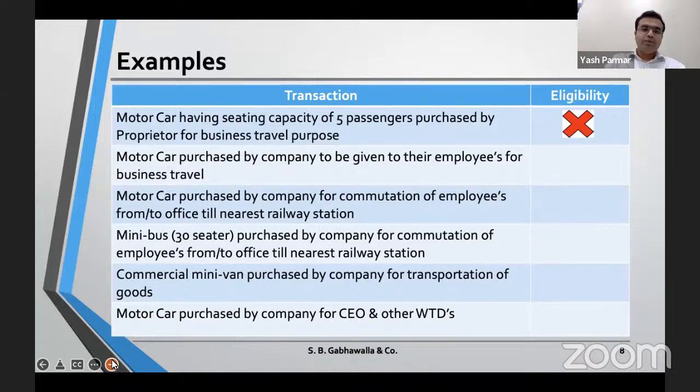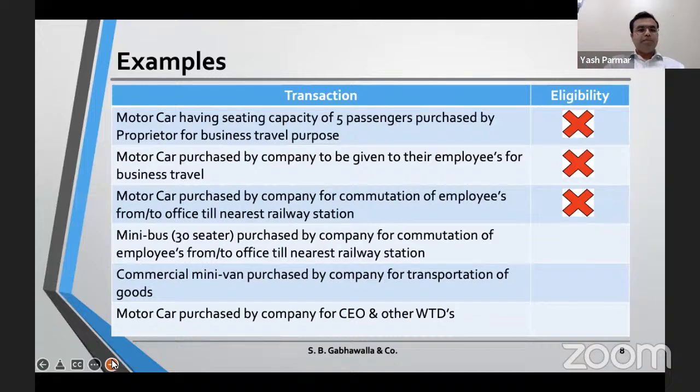No, it is used by employees for their business travel. Therefore, it will again be a blocked credit. Third example, motor car purchased by company for commutation of employees from or to office till nearest railway station. Again, both these conditions are not getting satisfied in this particular case and ITC will be blocked.